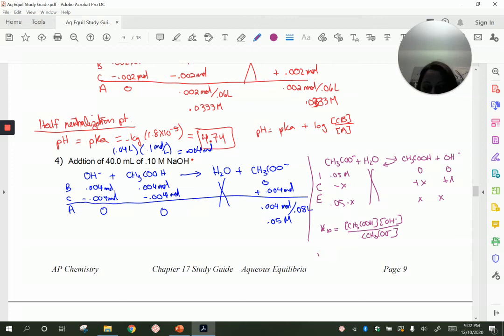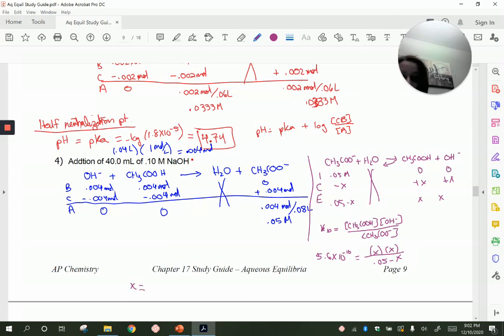Kb for acetate, you can look it up, or you know the Ka for acetic acid, so you do Ka times Kb is equal to Kw to solve for Kb. But Kb ends up being, I believe, 5.6 times 10 to the negative 10th. That is equal to x times x over 0.05 minus x.